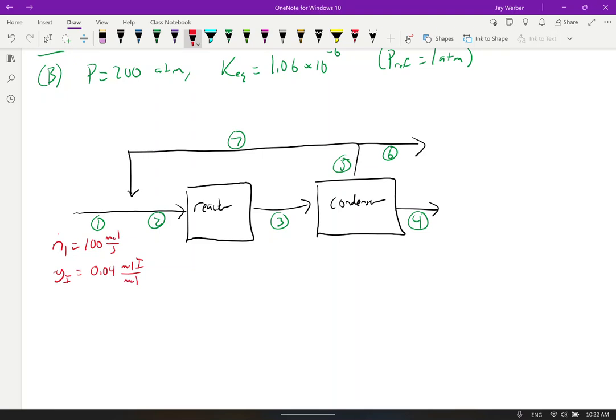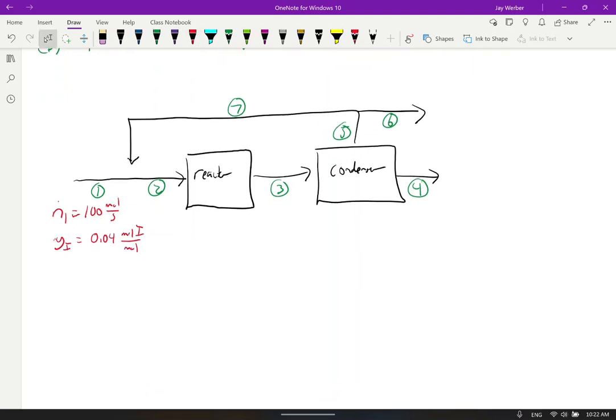And the residual amount is nitrogen and hydrogen, correct? And so in the feed, we have stoichiometric ratio of nitrogen and hydrogen.